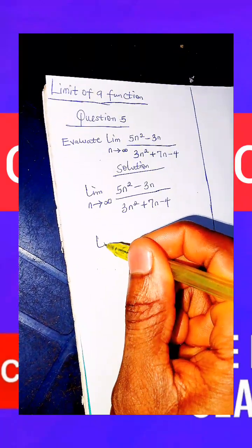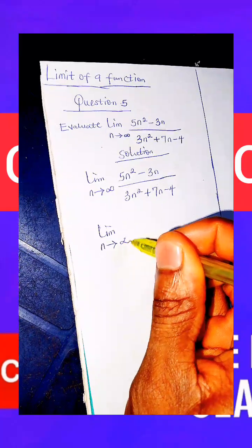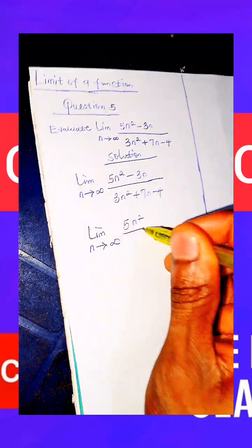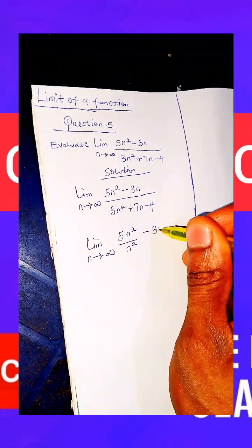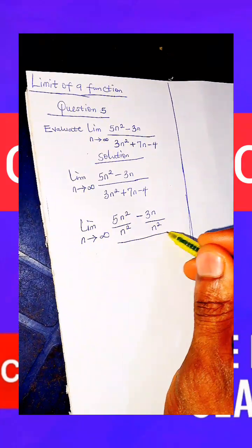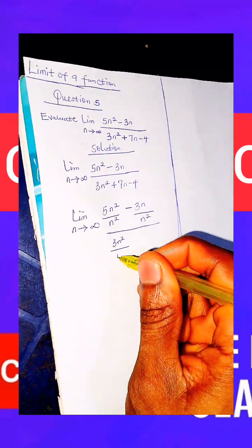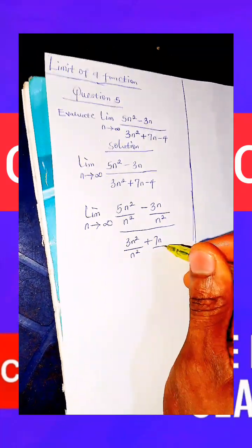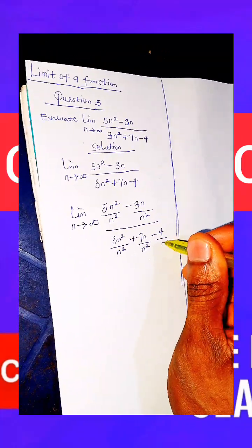We have the limit as n approaches infinity of 5n squared divided by what? n squared, minus 3n divided by what? n squared, over 3n squared divided by what? n squared, plus 7n divided by n squared, minus 4 divided by what? n squared.